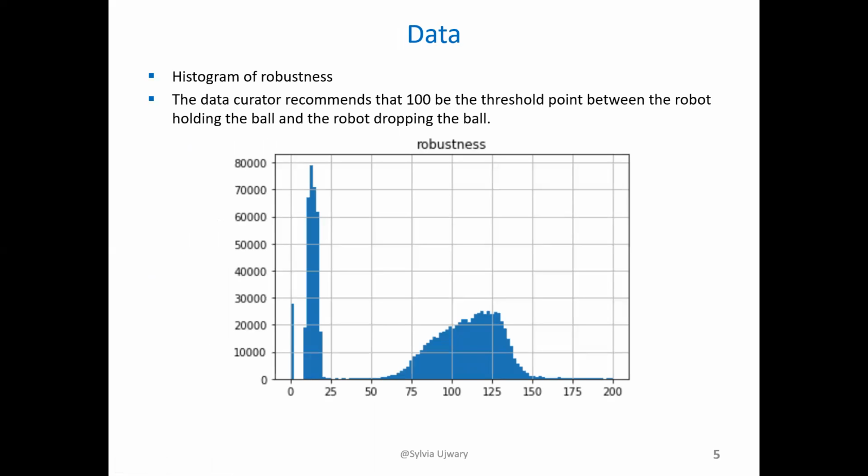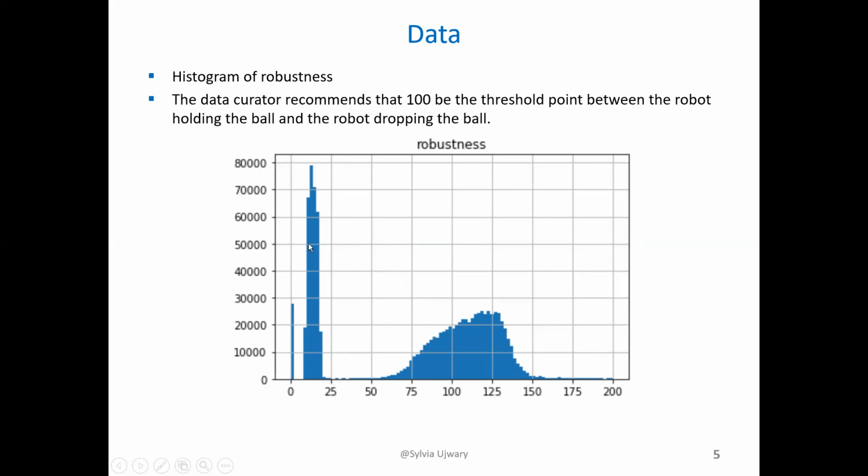So the first thing I did when I got this data set was plot a histogram of the robustness. On the y-axis is the counts of the robustness, on the x it's just the robustness value measured. So you can see that there's really 2 peaks, one between 0 and 25, and then this larger one between 75 to 150.